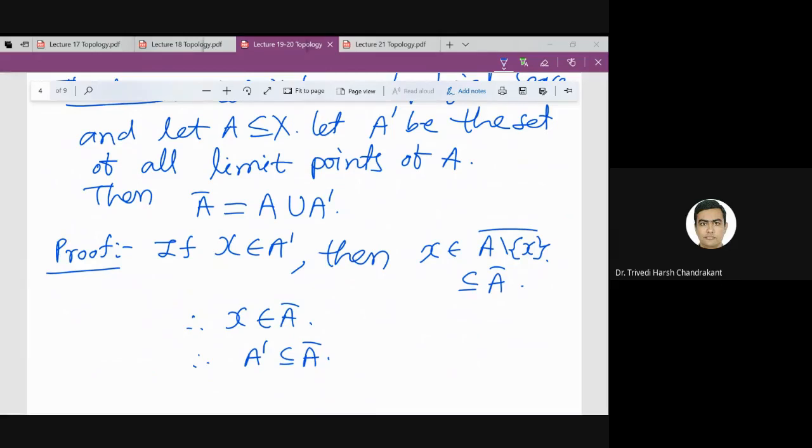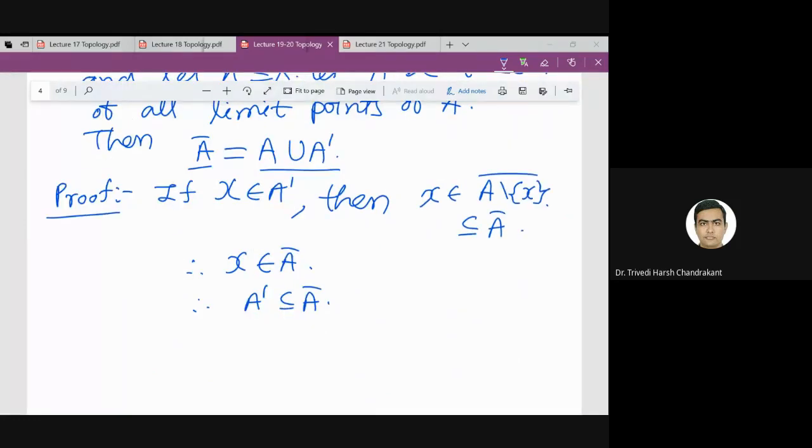What I want to prove is that A union A dash is a subset of A closure. First I proved A dash is a subset of A closure, and we already know that every set is a subset of its closure, right?